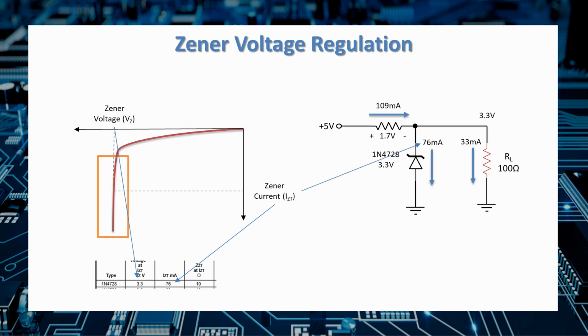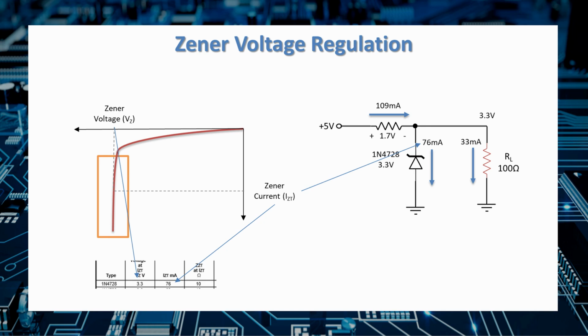Next, we'll set the Zener current equal to IZT, which in the case of this diode is 76 milliamps. So if the current through the diode is 76 milliamps and the current through the load is 33 milliamps, then the total current going through our series resistor is 109 milliamps.